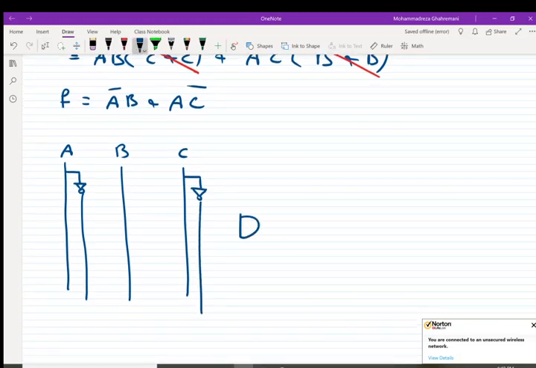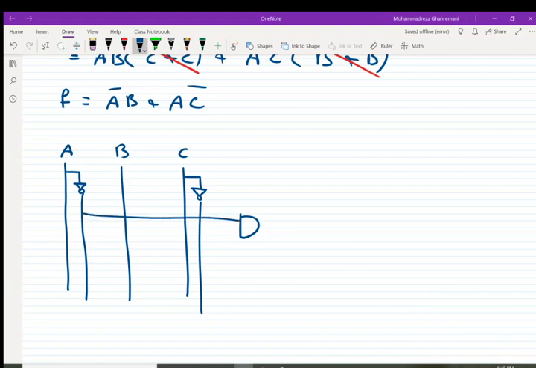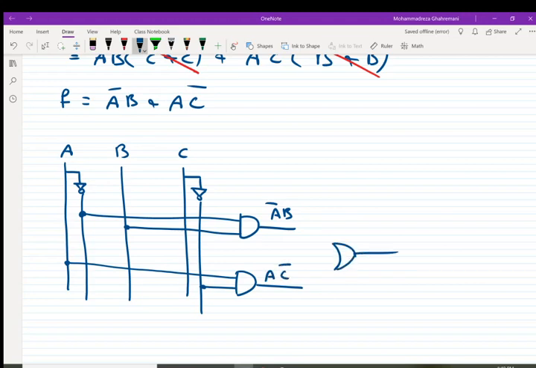The first product is A bar B, and the second product is A C bar. We bring an OR gate and connect these two products, and here is the circuit. Okay, so we designed the circuit.